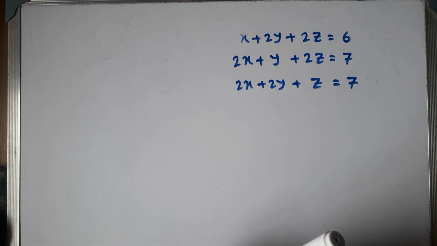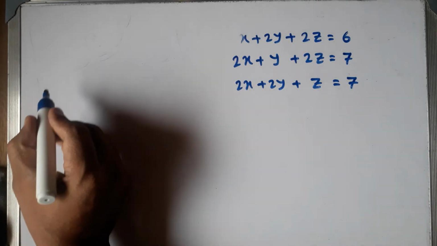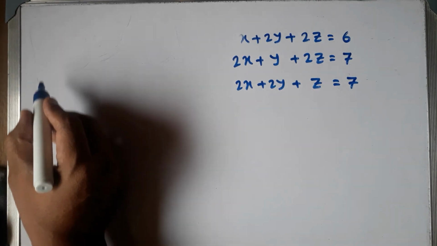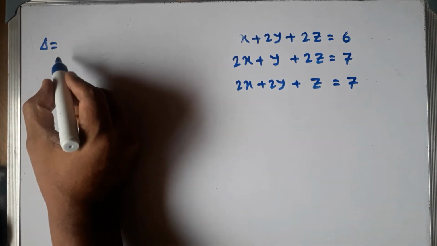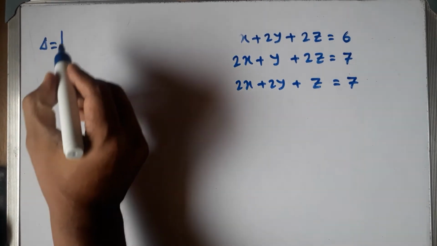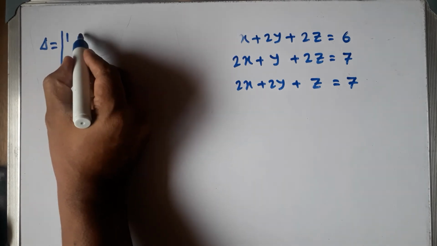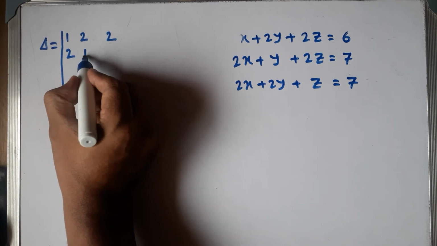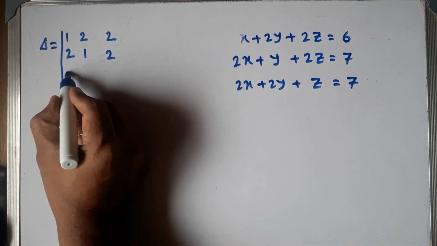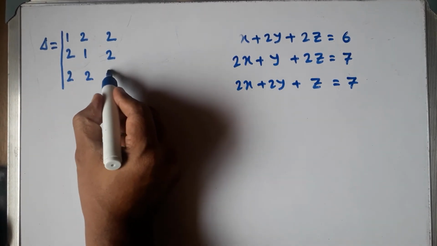Then first we shall calculate delta. Write delta is equal to this determinant: 1 2 2, 2 1 2, 2 2 1. This is delta.